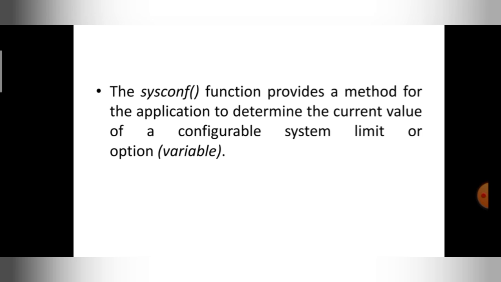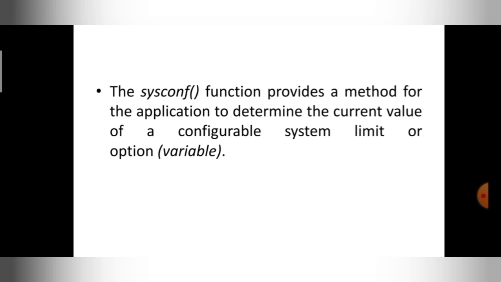For example, for job control you can set some values. For creating a process or opening a file, you can set your own maximum values, right? That's why it's configurable. You can check the limit value you have specified.